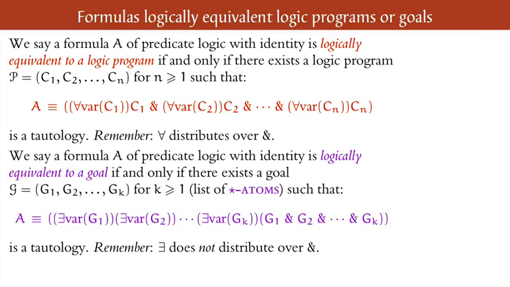On the other side of the double turnstile, a formula is logically equivalent to a goal if and only if it is logically equivalent to the existential quantification of a conjunction of star atoms. Here it is important to note that the existential quantifier does not distribute over conjunction. And also remember that a negated universal is equivalent to an existential negation.